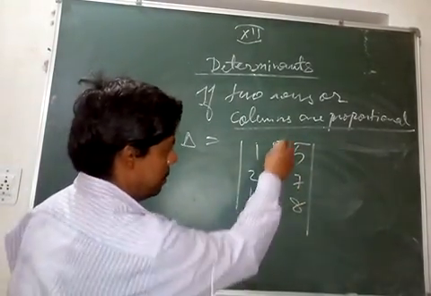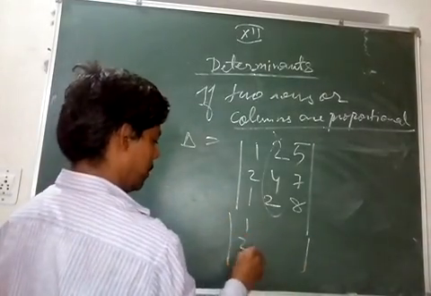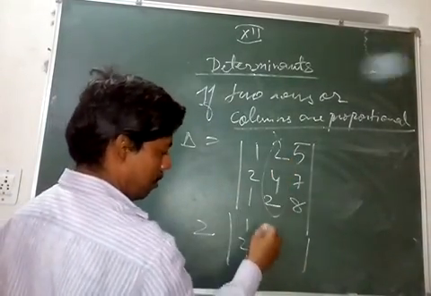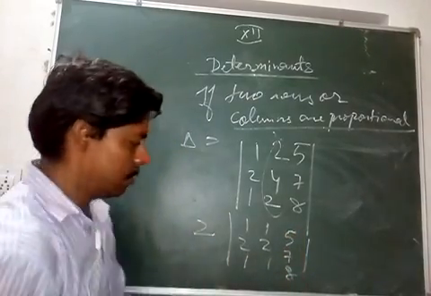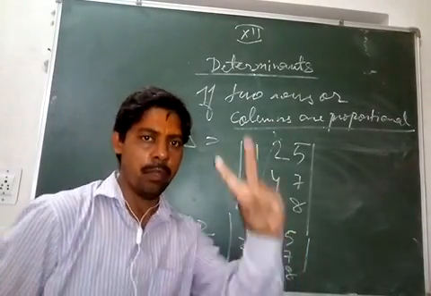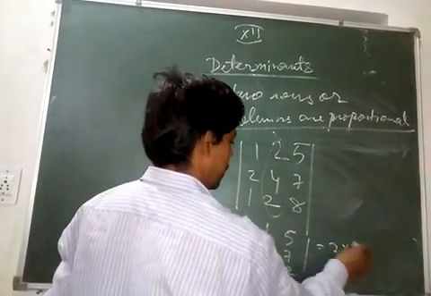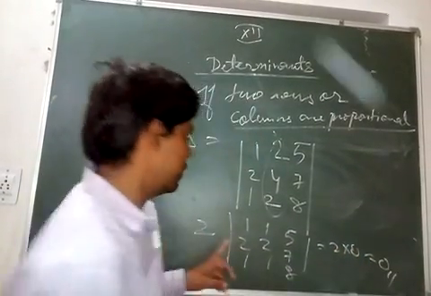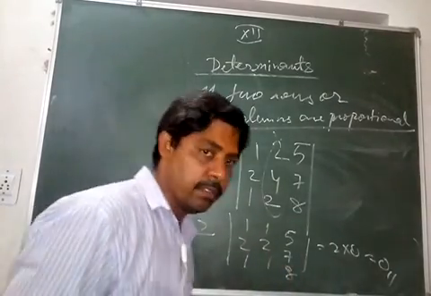Now see, you can take 2 common from this row, so this will become 1 2 1, 1 2 1, 5 7 8. Now you can see that two rows are same. So this determinant is 2 multiplied by 0, that is 0. So this property says even if two rows or columns are proportional, then the value of delta is 0.